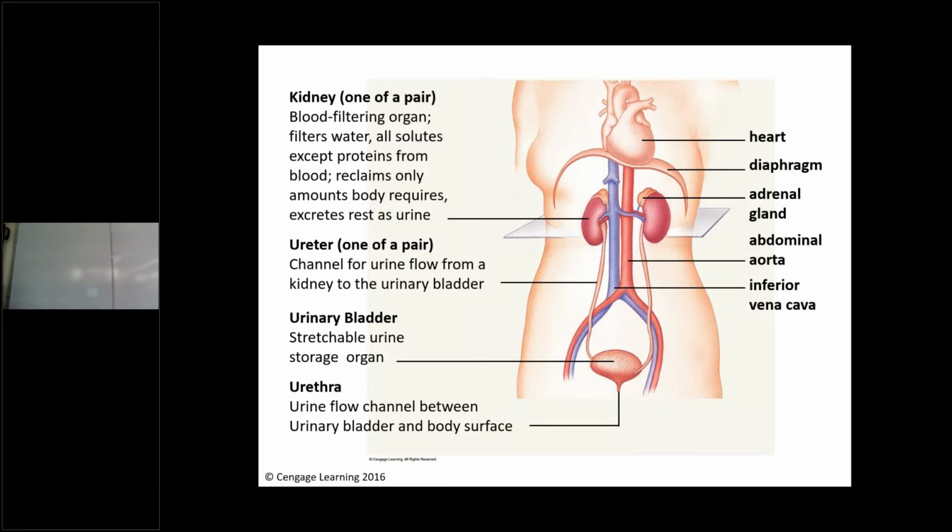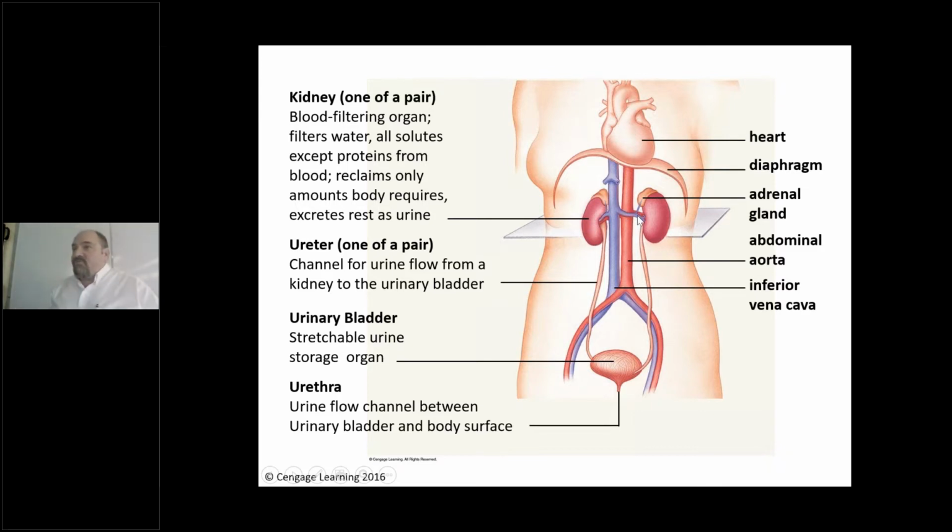Here, what you're looking at is the kidneys, and you see the adrenal glands, caps on top of the kidneys, on the superior aspect, the top area. You can see blood flow to and from these great vessels, the inferior vena cava and the abdominal aorta.